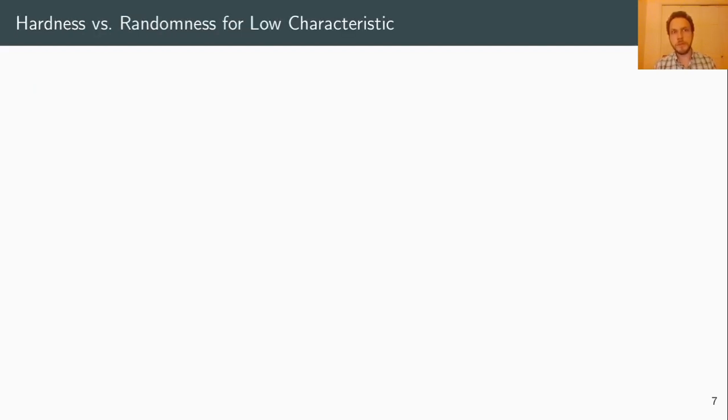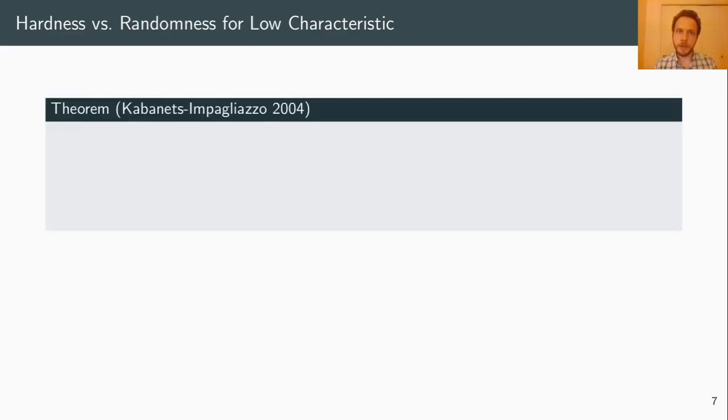So, what's known about the hardness versus randomness connection in the low characteristic regime? Again, the result here is due to the same work of Kabanets and Impagliazzo. And they, again, more or less prove the same theorem you want to prove, but the hardness assumption looks different.